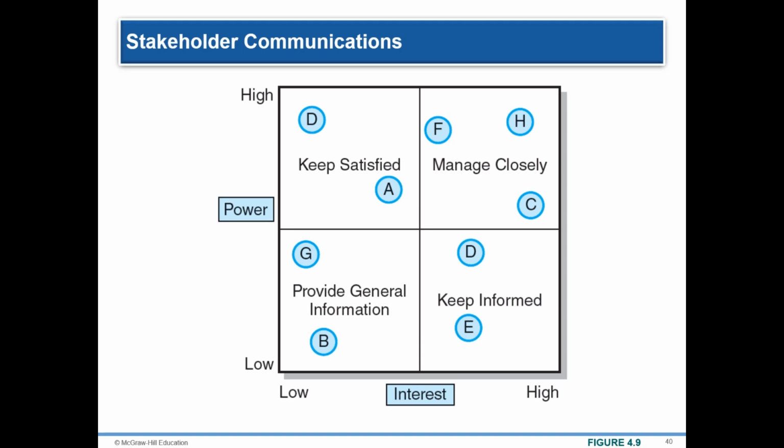The goal is to inform them adequately without spending too much effort on communication. So this matrix can help with illustrating and visualizing what our prioritizing plan could be when communicating with different stakeholders, depending on their power and interest, and ensuring efficient and effective use of resources and stakeholder management.